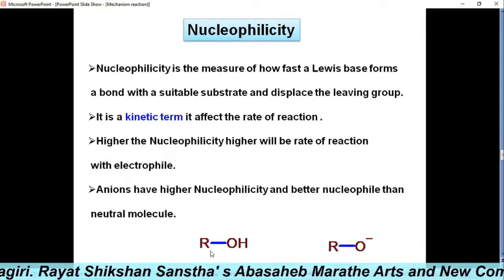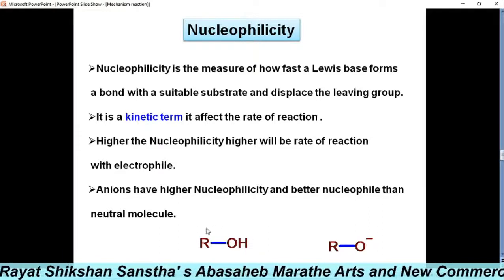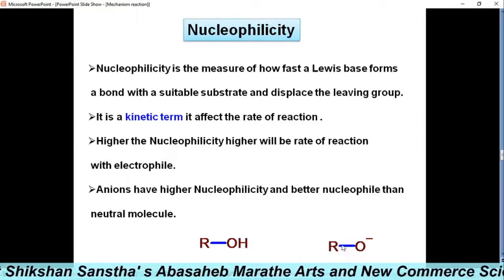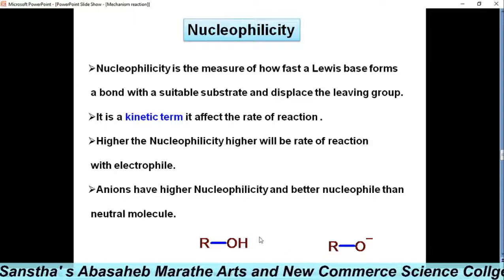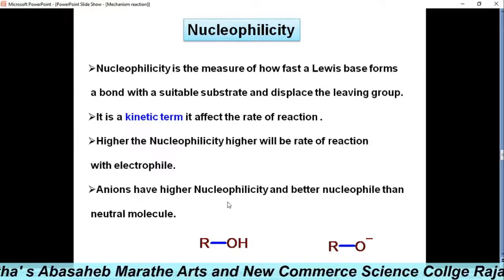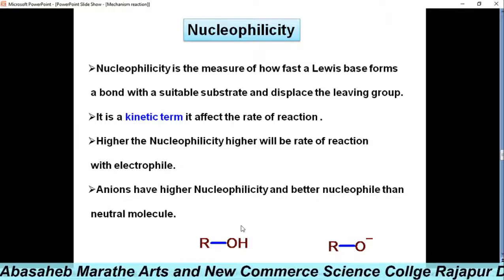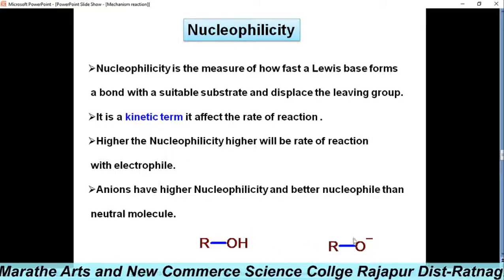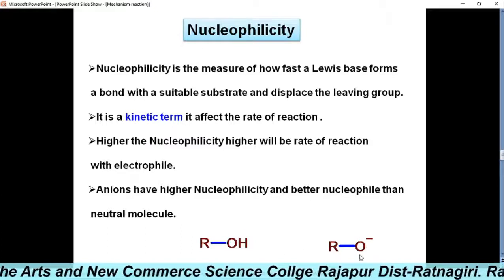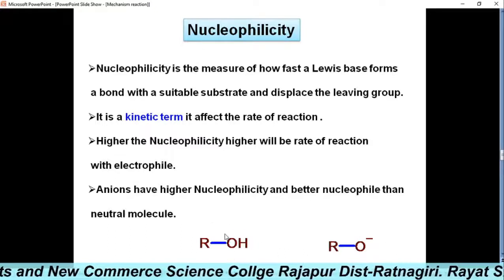We have compared these two. This is an alcohol and this is the ion of the alcohol. Which of the two is the better nucleophile? This is a better nucleophile than the alcohol.